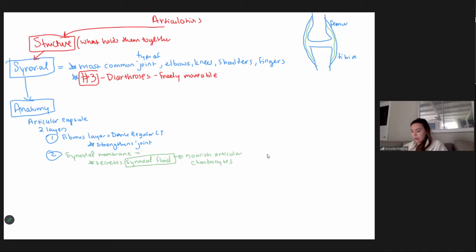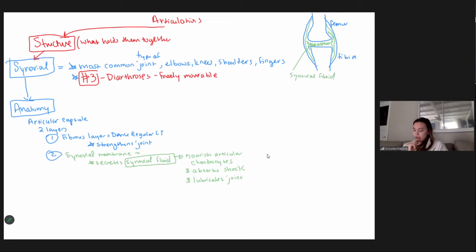So they're giving them the nutrients they need, and it also absorbs shock. Okay, so absorb shock, nourishes the articular chondrocytes and lubricates the joint. So if you picture the fluid, I'll kind of draw it like these little squiggly lines. That's kind of our fluid sitting inside our joint. So that's our synovial fluid.